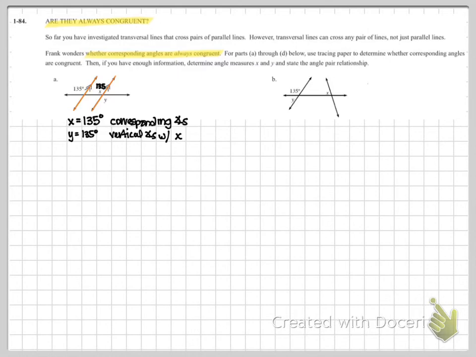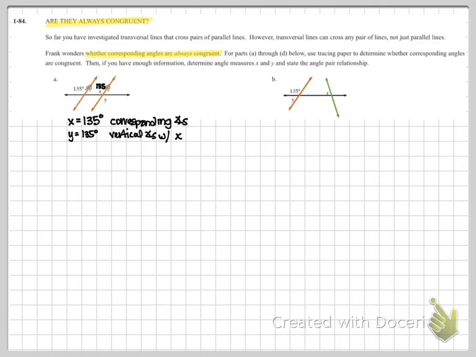Okay, so now if I take a look at this, I see that I do have a transversal, but those two lines do not have parallel markers on them. And that's the other thing to get used to, especially when it comes to visualization or geometry type things. Don't let your eyes deceive you. Just because lines may look parallel doesn't mean that they are parallel. You have to look for the markers. In this case, hopefully nobody thinks that these are parallel.